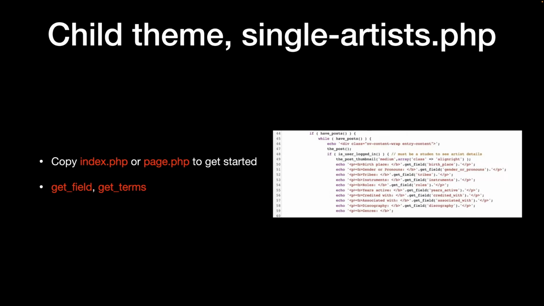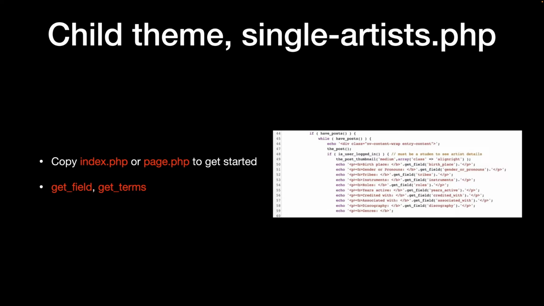So I just have a bunch of echo statements. So I'm going to echo the birthplace. And then I use a little function called getField, which came from our plugin. So I get a field called birthplace. I have gender or pronouns, so I get a field called gender. I have tribes, so I have a get field for tribes. And so for every one of these 22 fields that I want to visually display to the visitor on the website, I have an echo statement.